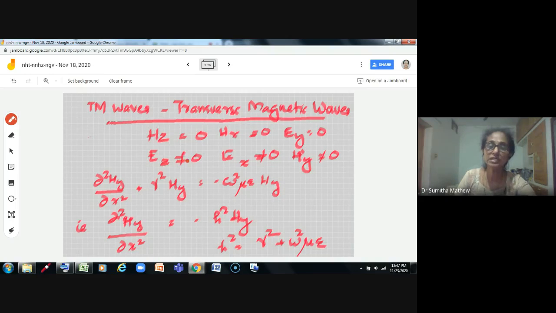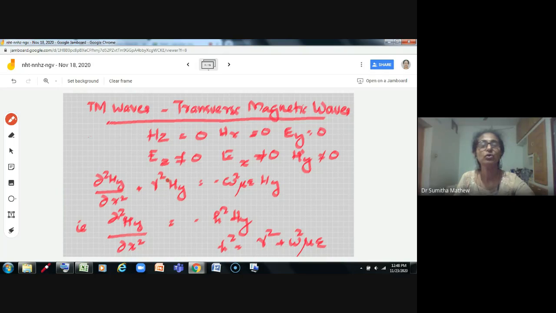But Ez is not equal to 0, Ex is not equal to 0, Hy is also not equal to 0. That means these three components exist. Which ones? Ez, Ex and Hy will exist, whereas Hz, Hx and Ey will not exist. Okay, just compare and contrast with the TE waves. In that case, it was just the opposite.